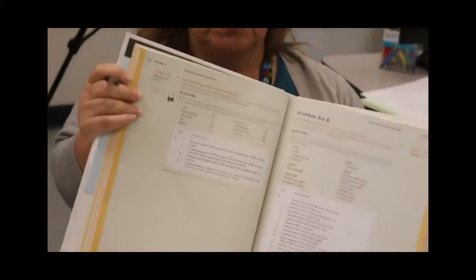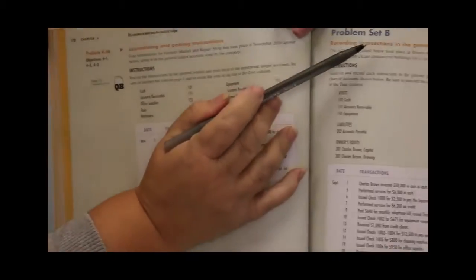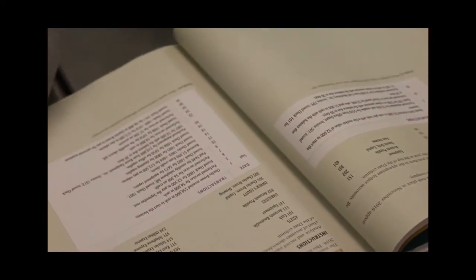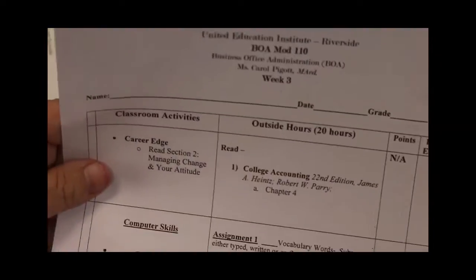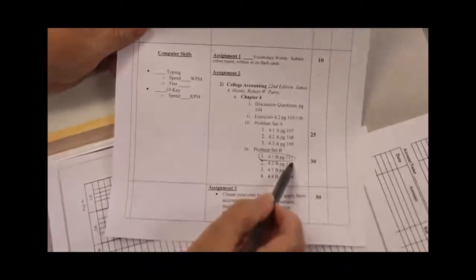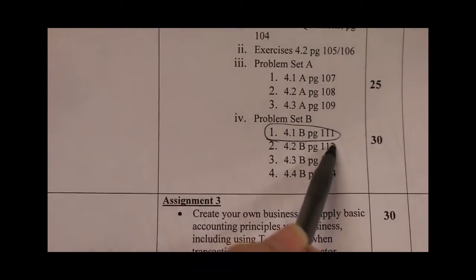Your Kindle should be open up to Problem Set B. On my book, it's 113, but for your book, it should be page 111. So again, Problem Set B, 4.1b, page 111. We're going to go over this exercise today together.